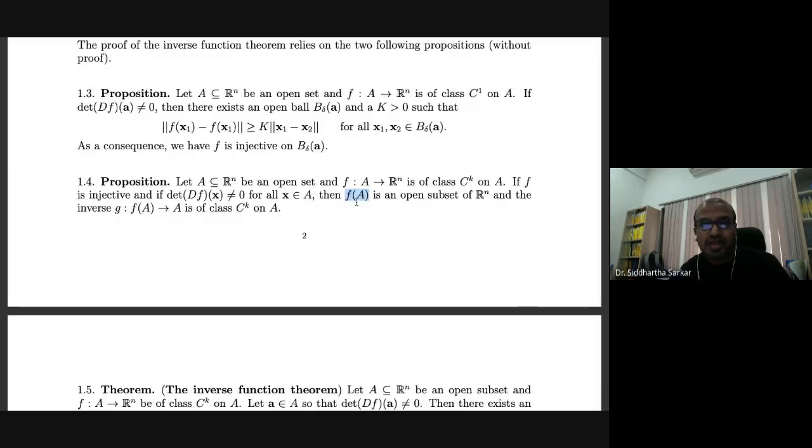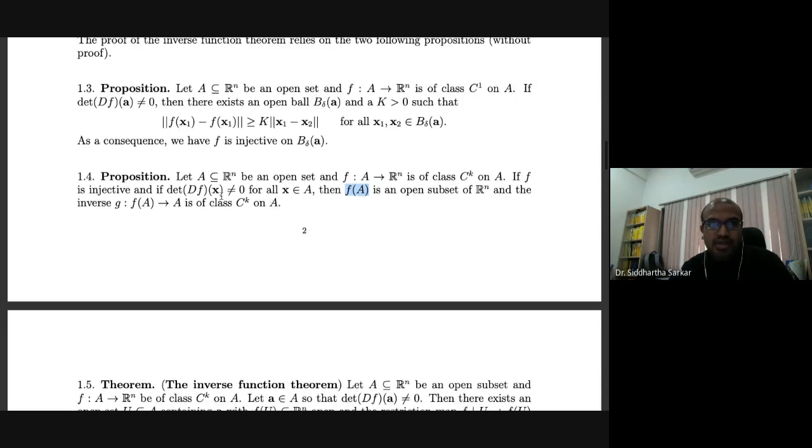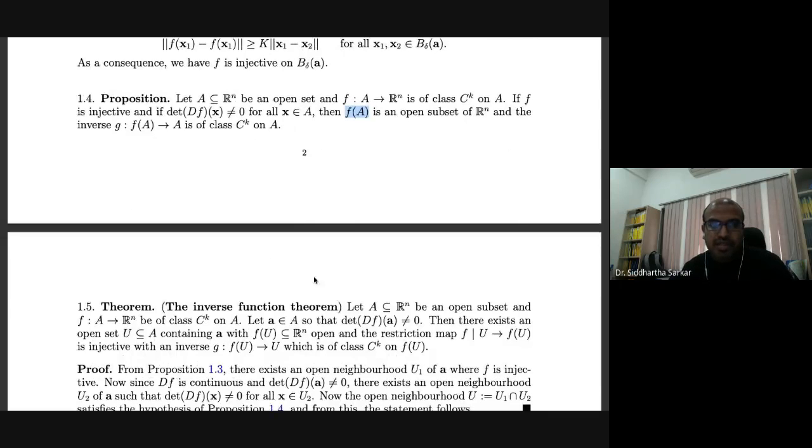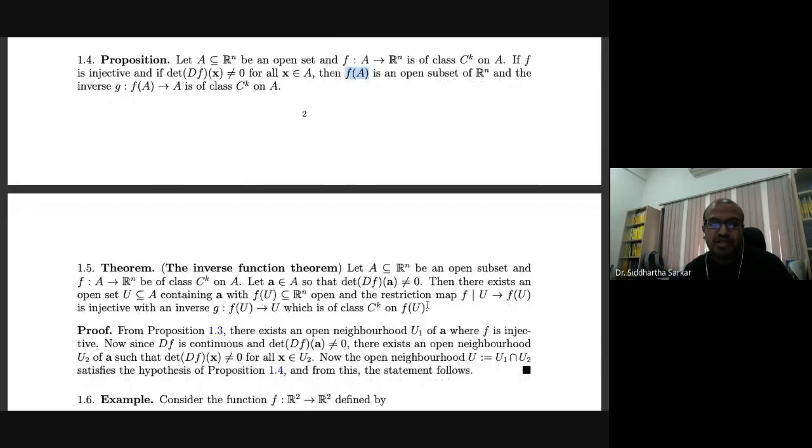Otherwise, it will fail to be injective around that point. So this trick requires higher dimensional analogs where a lot of techniques are needed, and this is the most lengthy part of the proof of the inverse function theorem. Okay, so if we assume these two, again the proof of the inverse function theorem is just a two-line proof.